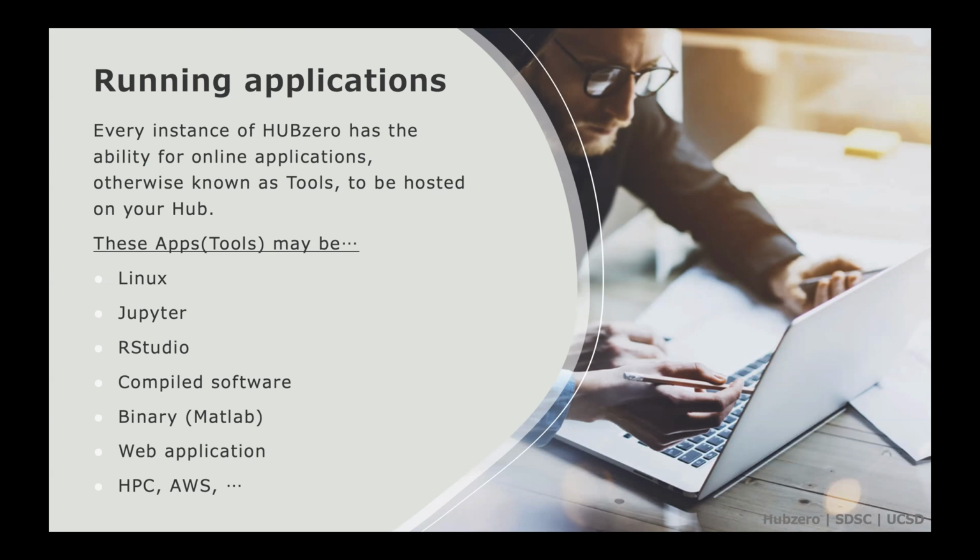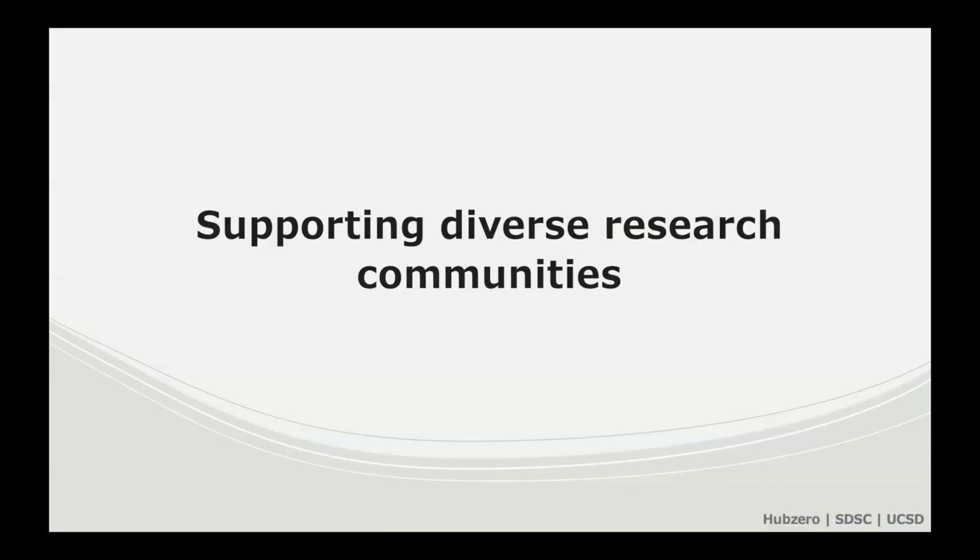But if there is a need for heavy lifting, there is a way to connect HPC resources, and then the user basically doesn't have to worry about launching the job. The hub takes care of launching the job, taking the data there, bringing the data back and making it available. And we also have some integration which we have tested on AWS as well.